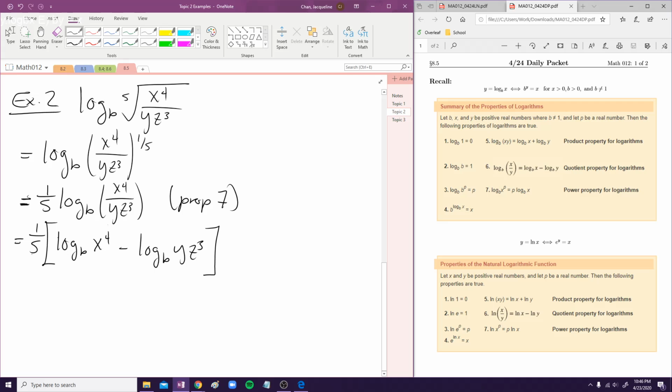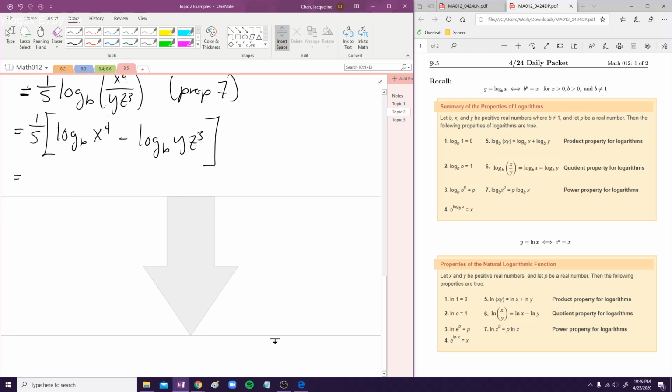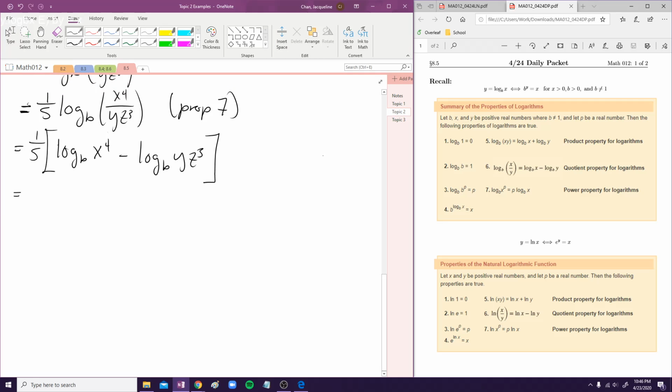So now let's keep going. Because I'm looking at this, there's still powers, there's still multiplication, we still have much more to do. So actually, let me bring more space. So I did property 7. This one is property 6.